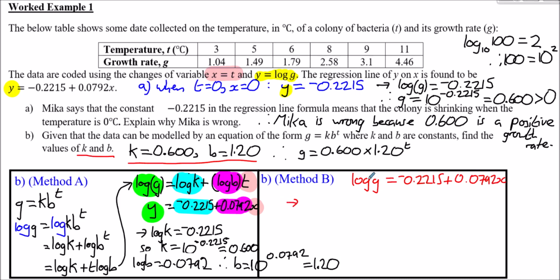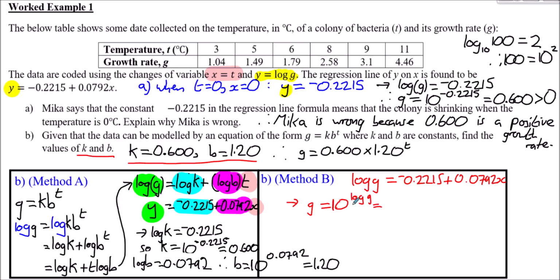So the log of g, to undo the log of g, I can do 10 to the power of it to get it in terms of just an exponential without having to think about the logs. So if I take this to the power 10, g will be equal to 10 to the power of log of g, and the power 10 and the log undo each other, so we're just left with g.